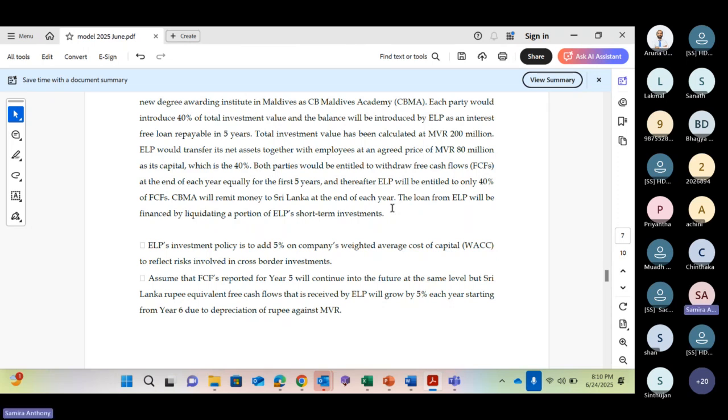Therefore, they will add 5% on the normal weighted average cost of capital to identify the specific risk outside the country. Assume free cash flows reported for year 5 will continue into future, at least at the same level, but Sri Lanka rupee equivalent free cash flows received by ELP will grow by 5% each year, starting year 6, due to depreciation in rupee against MVR.